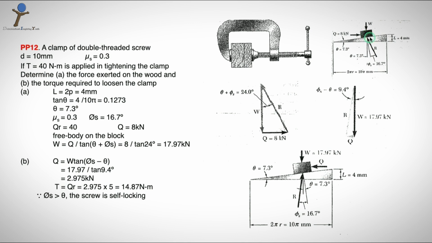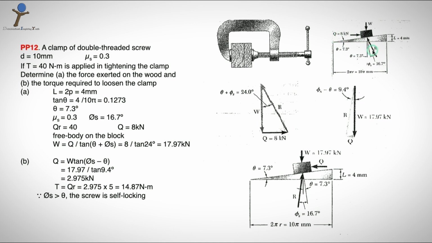In the first case, the force exerted on the wood is treated as motion impending up the plane. So, you are moving the block in upward direction. When the block is moving upward, the frictional force will be acting in downward direction.